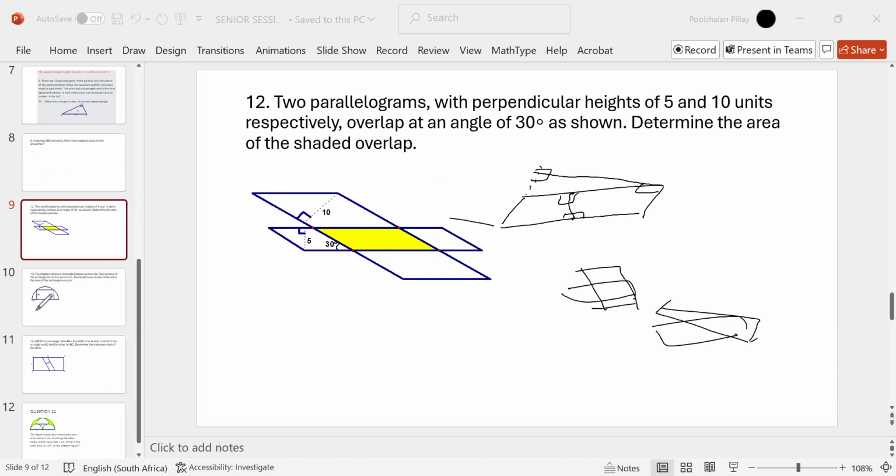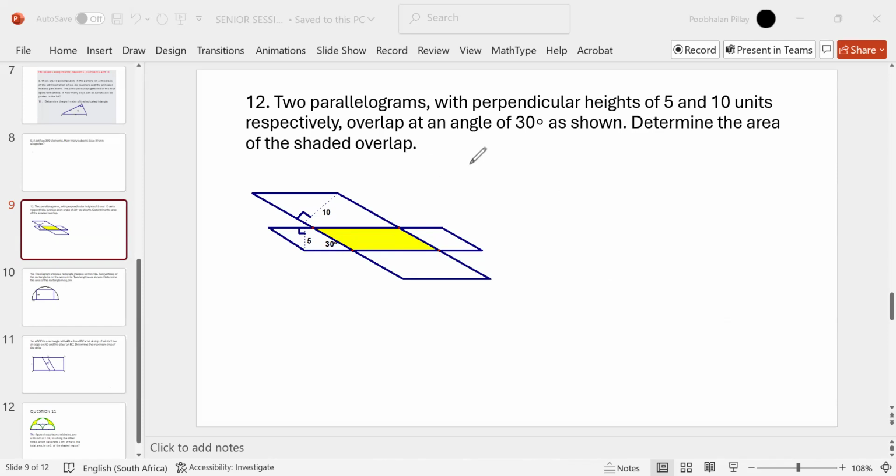So how do you find the area of a parallelogram? There's a formula, I hope you know. It's equal to base times height. In the case of a triangle, it's half base times height.